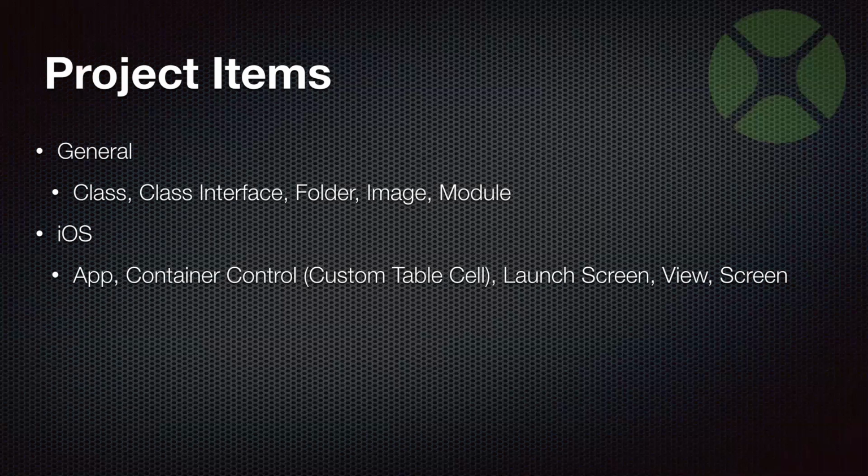Launch screen is another project item that allows you to essentially have a splash screen that will appear while your app is loading and setting up. And then view is the primary area where you'll design your user interface and whatnot. And then screen is the last item that's iOS specific that allows you to control how the screen looks overall.